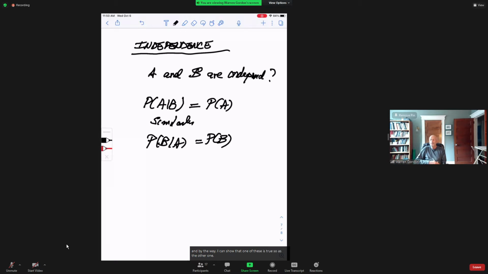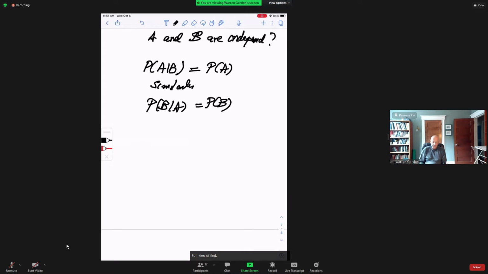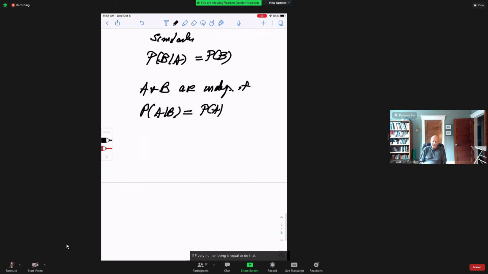If A is independent of B, then B is independent of A. So I could define the two events A and B as independent if P of A given B is equal to P of A.